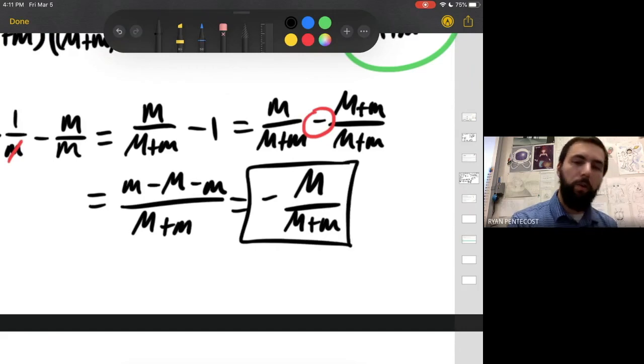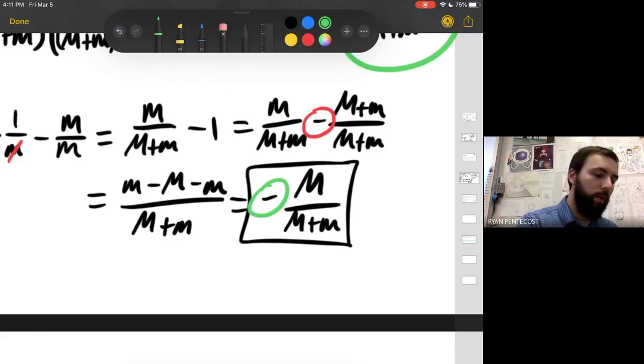And that is your ratio of the kinetic energy lost after the collision, right? That's the fraction that was lost. The negative here simply shows that there was a loss of kinetic energy. And then the rest of it, the ratio of masses, that is your actual relationship between the kinetic energy lost and the initial kinetic energy that we started with.